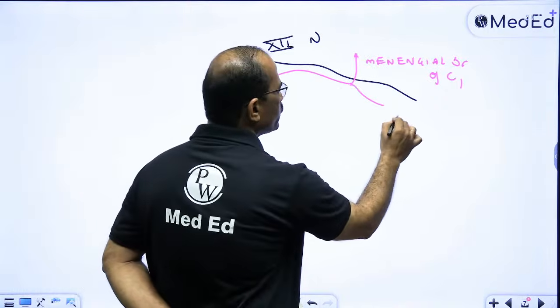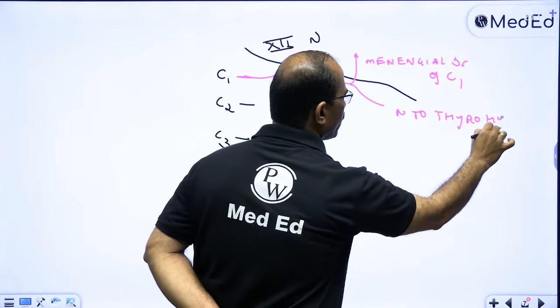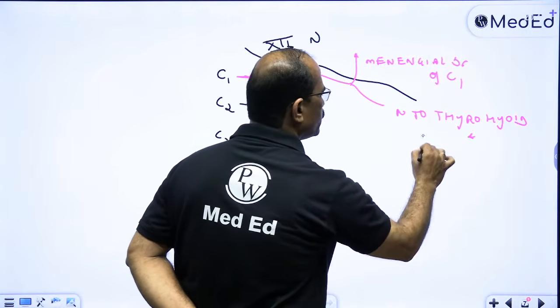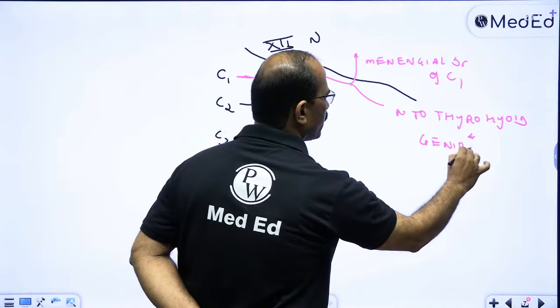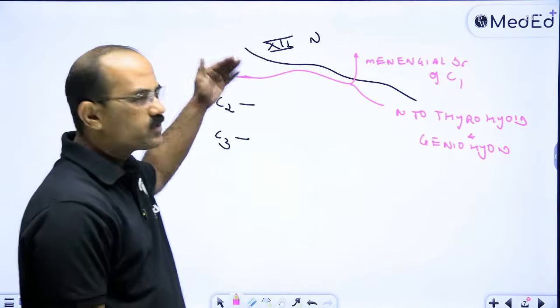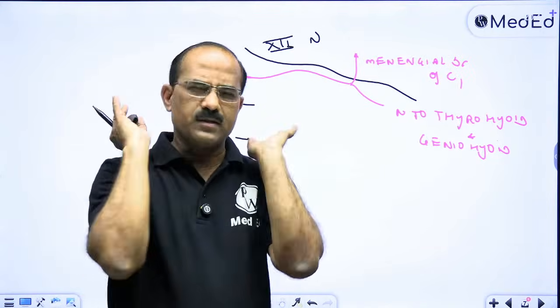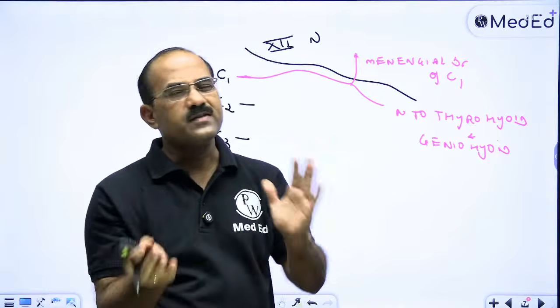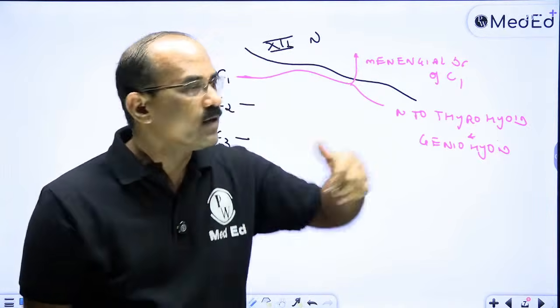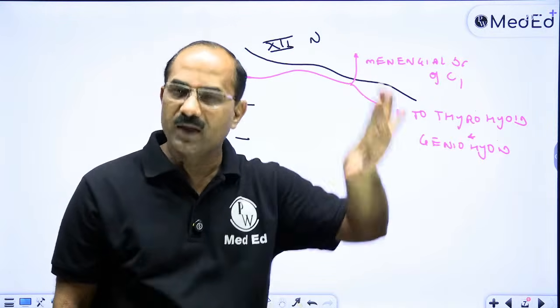Second is the nerve to thyrohyoid and geniohyoid. Understood? So the fibers of C1 go with the hypoglossal nerve for a short distance. After a short distance, they leave the nerve as number 1, the meningeal branch. Number 2 is the nerve to thyrohyoid and geniohyoid.